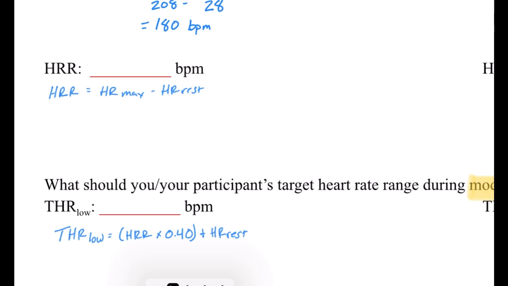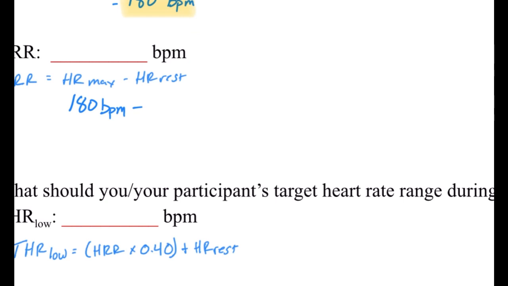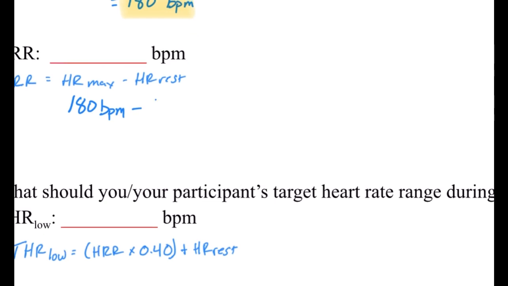That is what we're going to use for this value here. Minus HR rest, and I told you my HR rest was 60 beats per minute. So that would mean my heart rate reserve, or HRR, is 120 beats per minute. So I'm going to write that number right here.